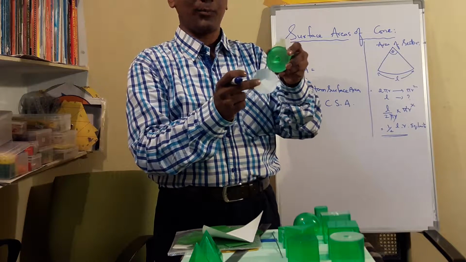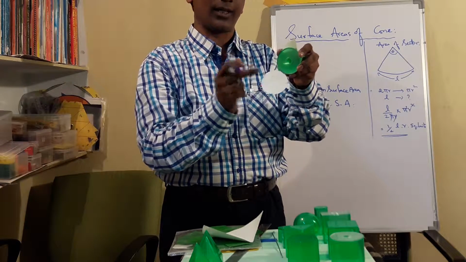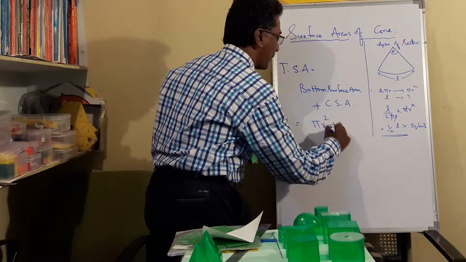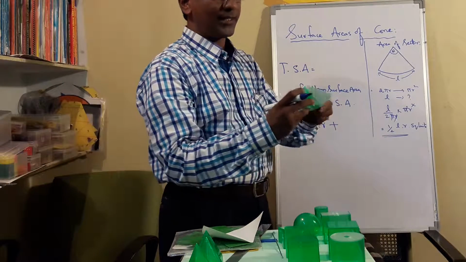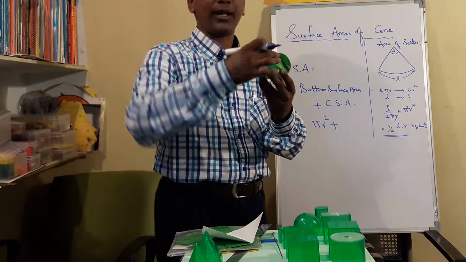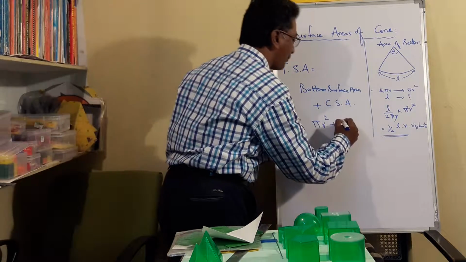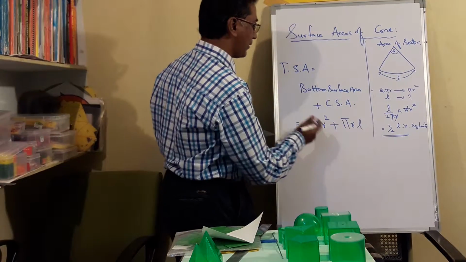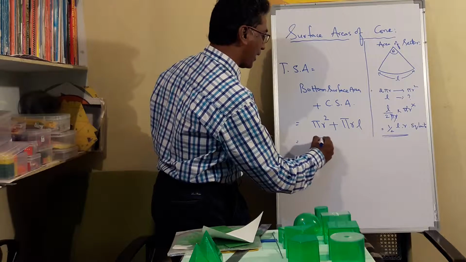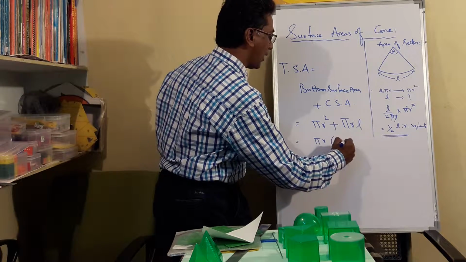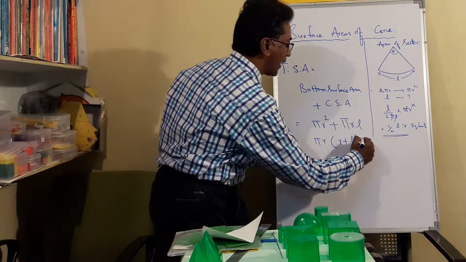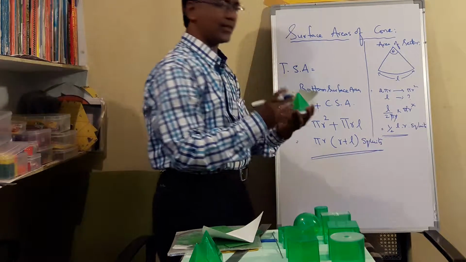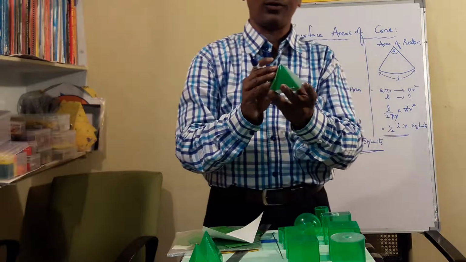In your lower classes, you know pretty well that the area of the circle is pi r square. So pi r square plus CSA, which we have just derived as pi r l or pi r s. Now take pi r common. This is pi r into r plus l square units. This is the total surface area of a cone.